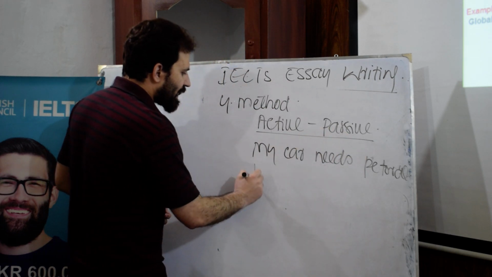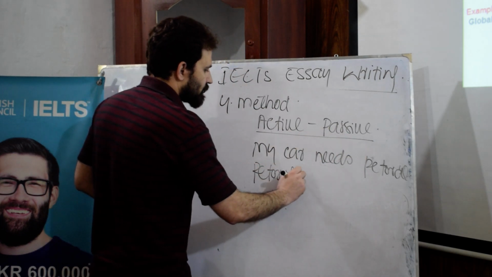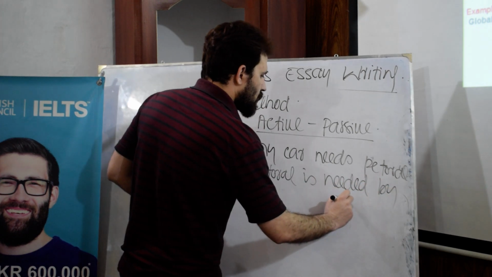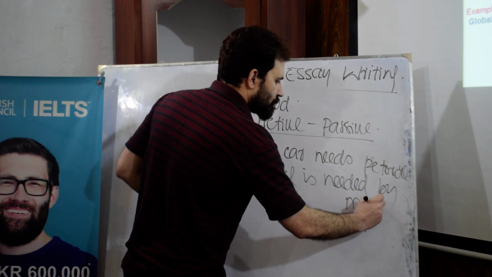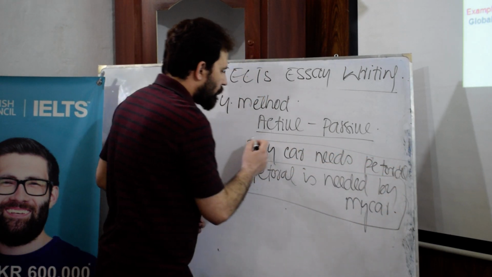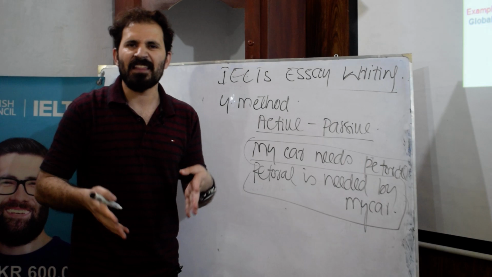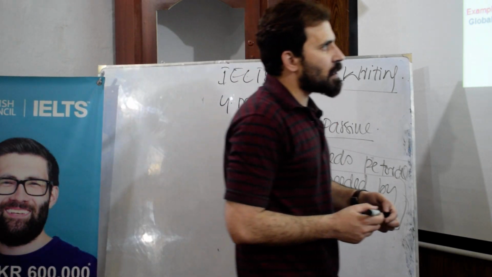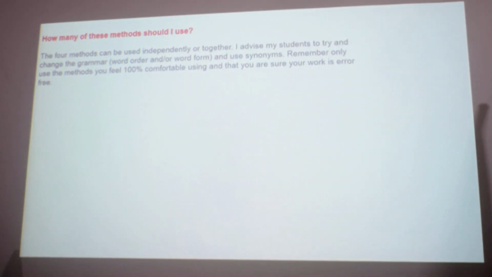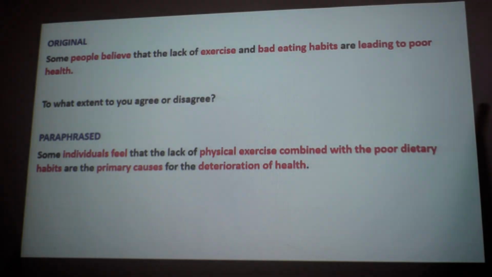So how can I change it? I can say petrol is needed by my car. This is what we call changing from active into passive. This is method number 4. Let's come to a practical example of how IELTS can give us a question and how we can change it.